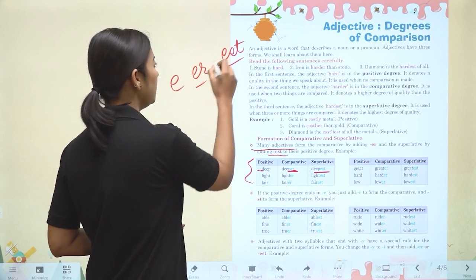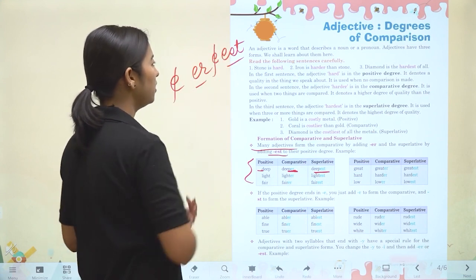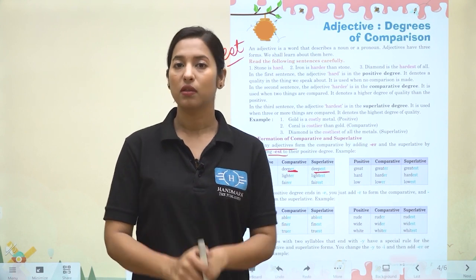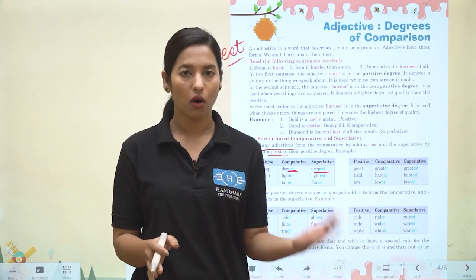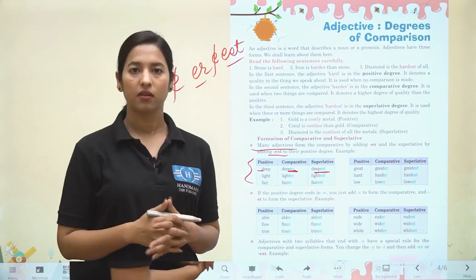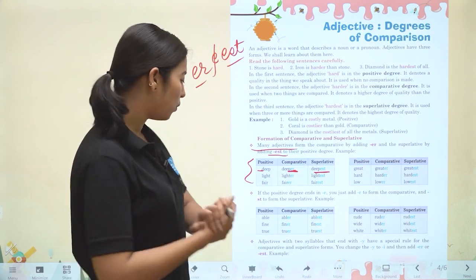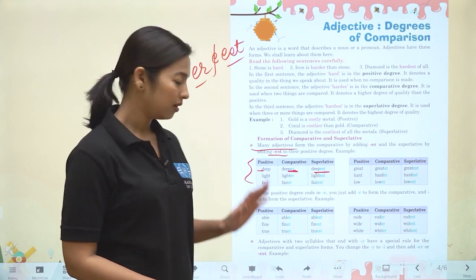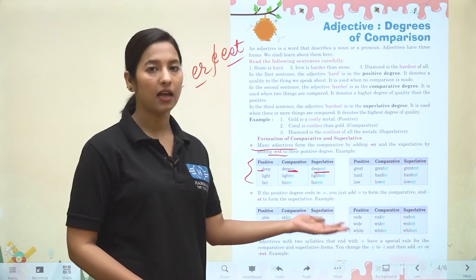It will become EER or EEST, which would look really odd. So in such cases, we simply remove the extra E as there is already one E there. We do not add one more E to it. We only add R and ST.